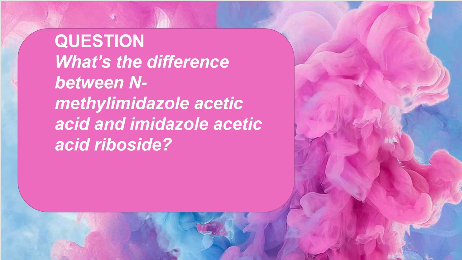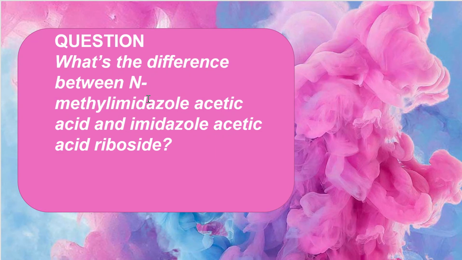That we saw. All right, so our next question is, what's the difference between N-methyl imidazole acetic acid and imidazole acetic acid riboside? So without even looking at the structure, we can look at the words themselves and see what the differences are.